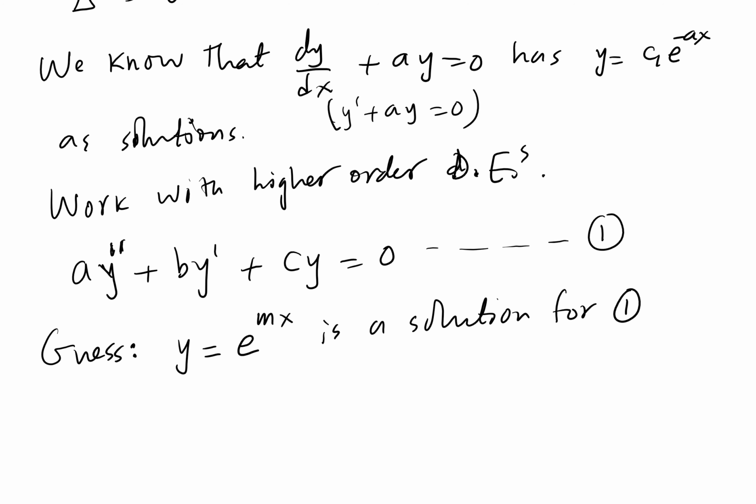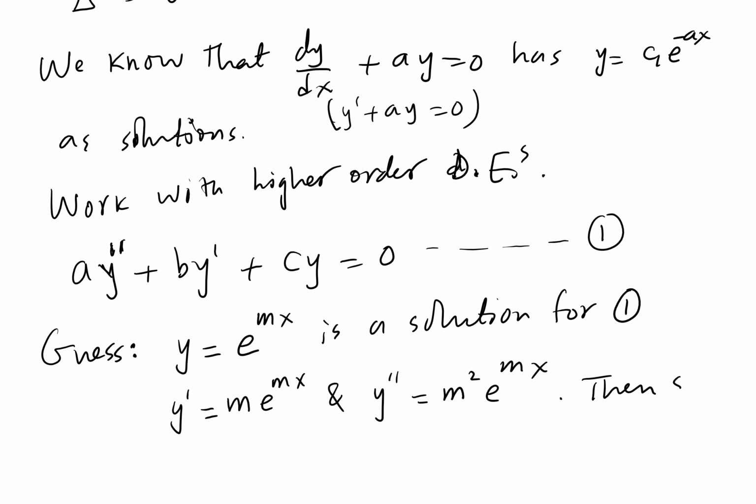Since I said it's a solution, it satisfies the equation, which means I can find y prime, which is m e to the mx, and y double prime, which is m squared e to the mx, and substitute into 1.